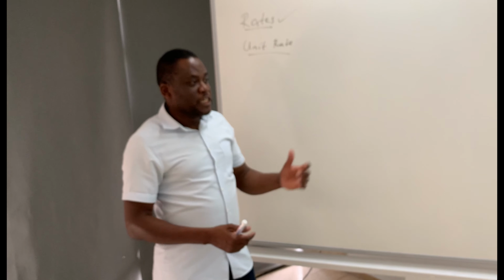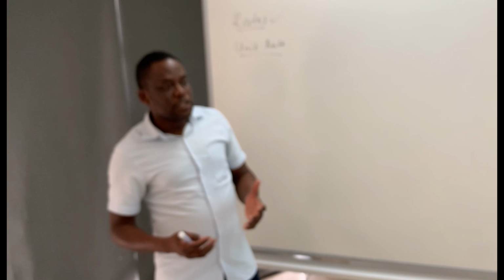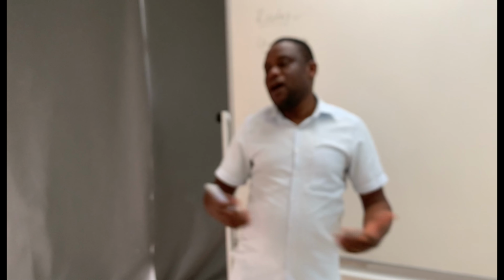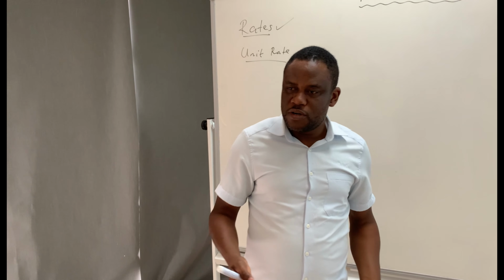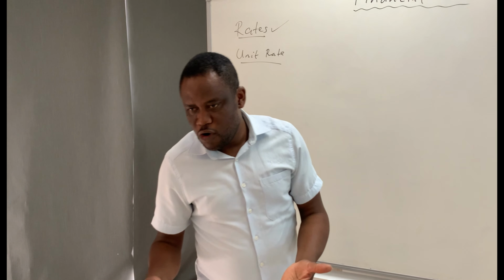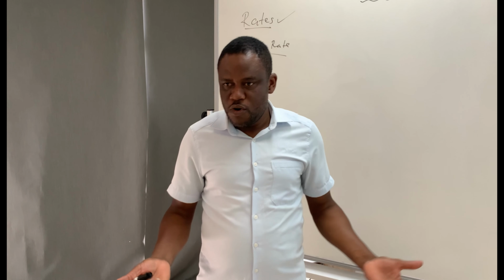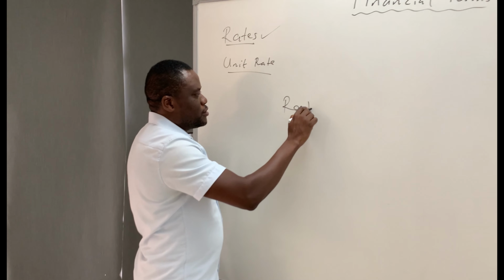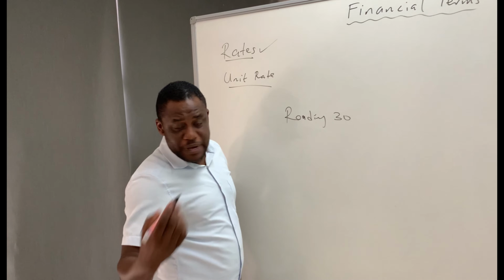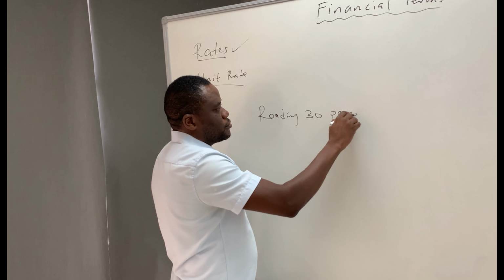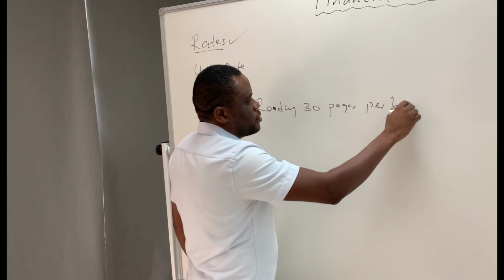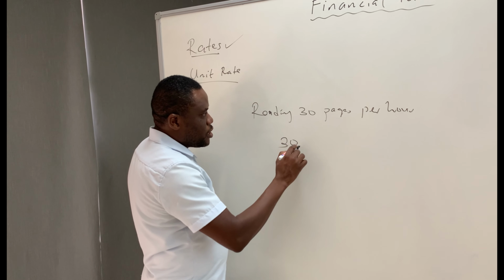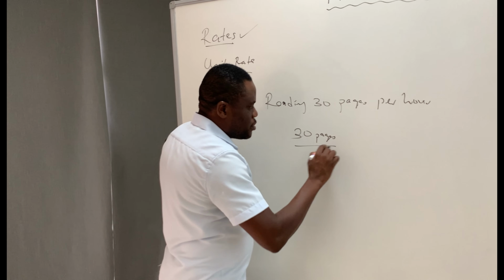Another example is if I ask you how many pages of a book you read per hour. So, for example, if I say reading 30 pages per hour, it means 30 pages per hour.